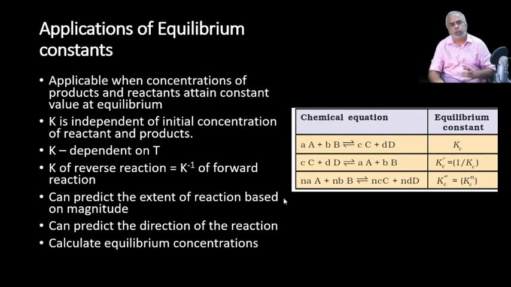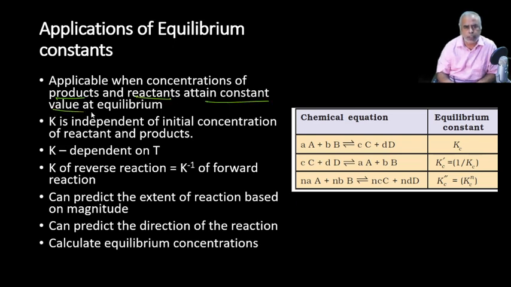And now let us try to understand the applications of equilibrium constants. See, these are applicable when concentrations of products and reactants attain constant value at equilibrium. That is very, very important. And K, that is the equilibrium constant, is independent of the initial concentration of the reactant and product.